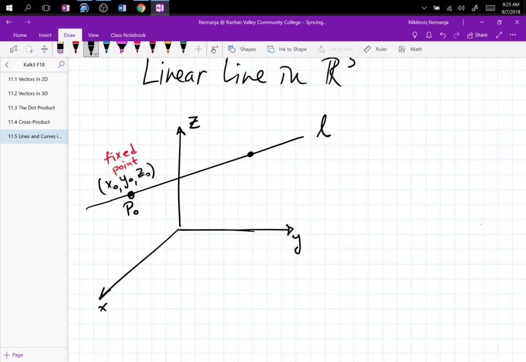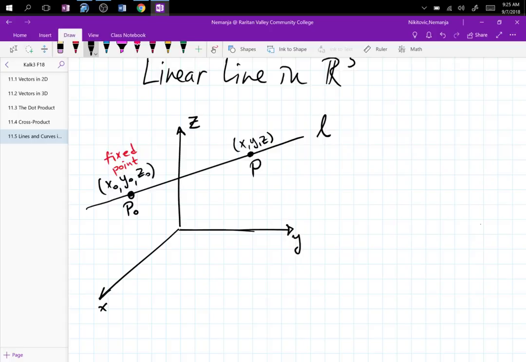Then we have another point P, which is going to be the second point, and that point will have the coordinates x, y, and z. Now let's bend your mind a little bit.